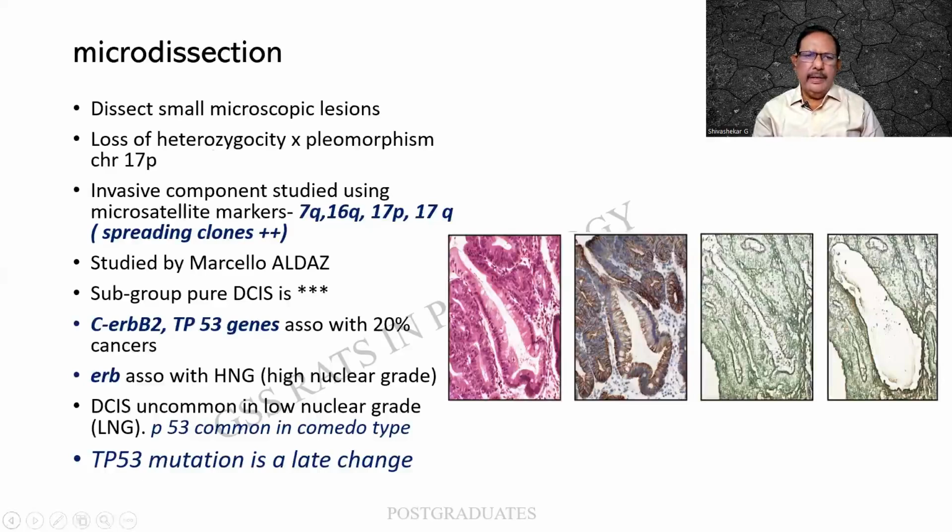Microdissection. Again, I am not going to go too much into the numbers that I have shown in the blue. I request you to kindly read them up. Whereas microdissection is the technique. Nowadays, we are finding a localized hyperplasia or an atypical hyperplasia or a papilloma, ductal papilloma, etc. Now, what are we supposed to do? We cannot do a mastectomy and then declare that it is a benign lesion. At the same time, we cannot ignore it so that the patient lands up in metastasis.